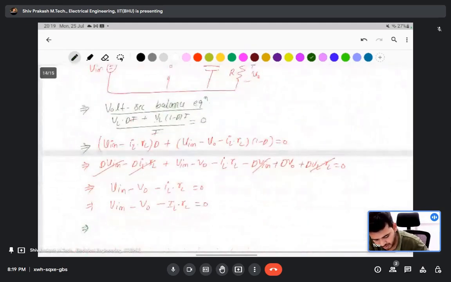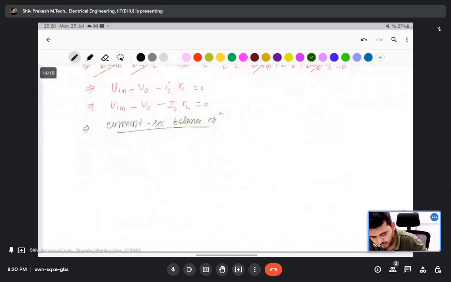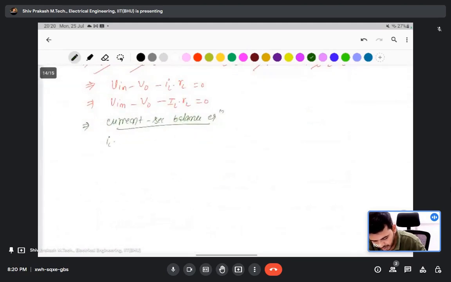Second one is the current balance equation: IC into D T plus IC into 1 minus D T, divided by T, is equal to the average current of the capacitor, 0.